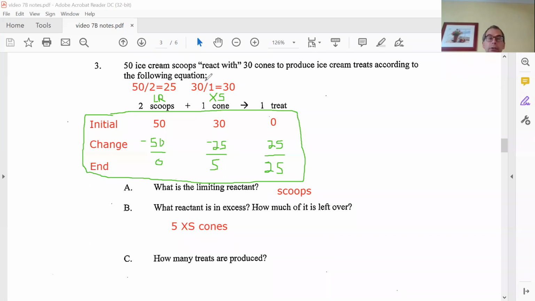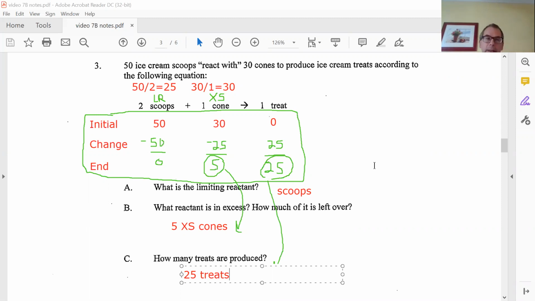And let's draw where we got that information. So this is your excess cones right here. And then how many ice cream treats? It would just be this number, 25. So I suppose I'll type that in. 25 treats right there.